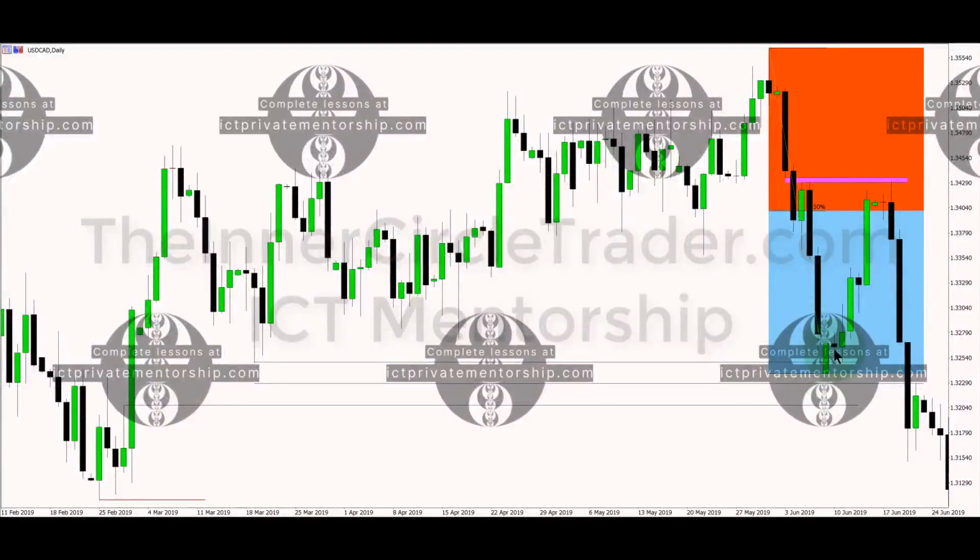Once that forms, this day right here on the 10th, let me put it on there so you can see it again. On the 10th, you want to start going into your lower time frames and seeing if price is respecting bullish discount arrays, with the expectation that we trade back up into the bearish order block and the buy side liquidity resting above these highs into the fair value gap.